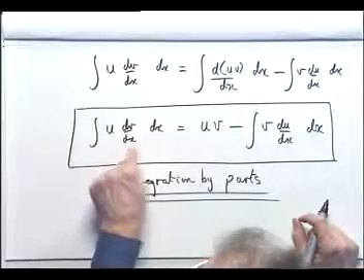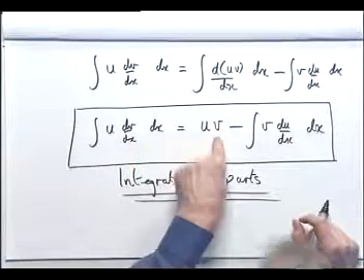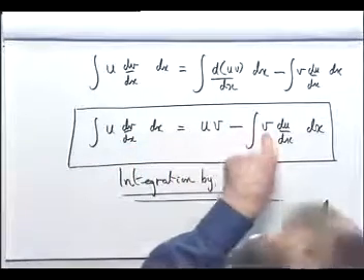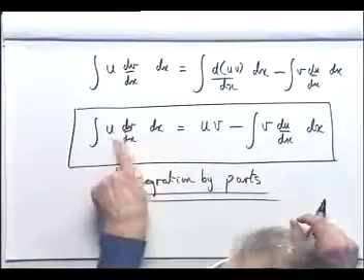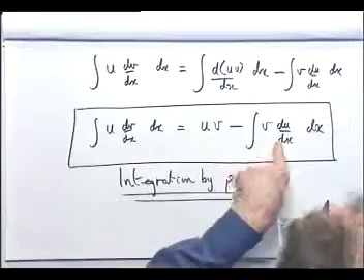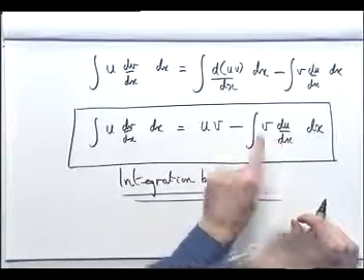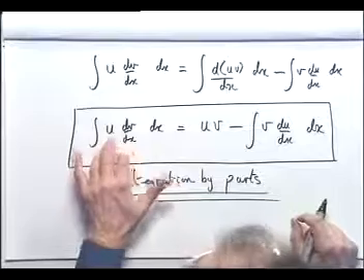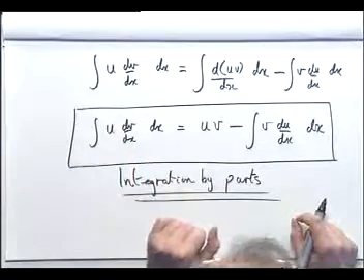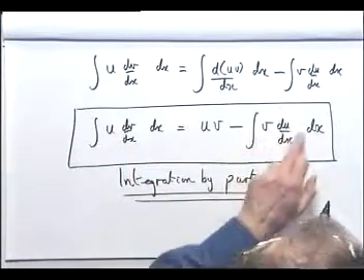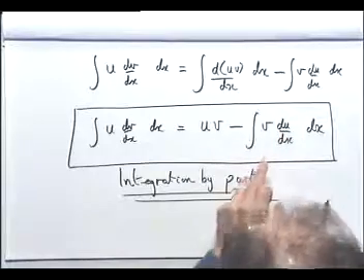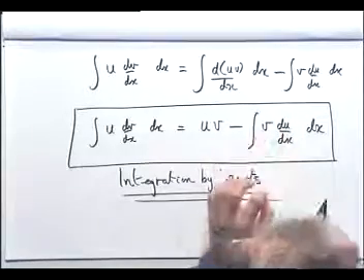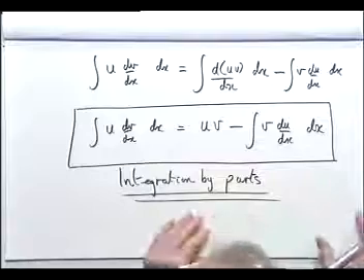So we take dv/dx and we integrate it and we put it there. We take u, we put it there and we differentiate it here. And our hope is that starting from one product, u times dv/dx, we end up with an integral here of another product which is simpler, because we always have a choice.